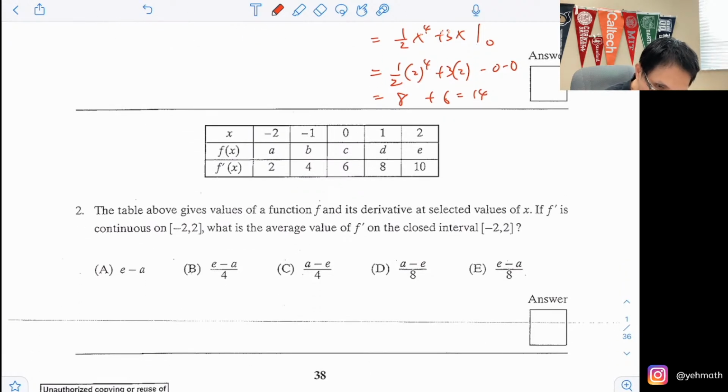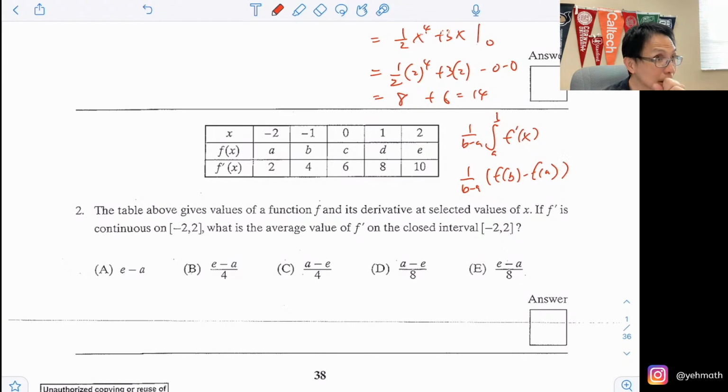So the average value is 1 over b minus a of the integral of f prime of x from a to b. If you integrate f prime, that's going to be f of b minus f of a. Does that make sense?